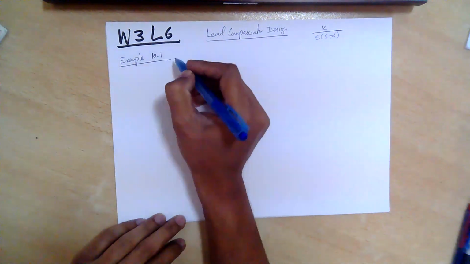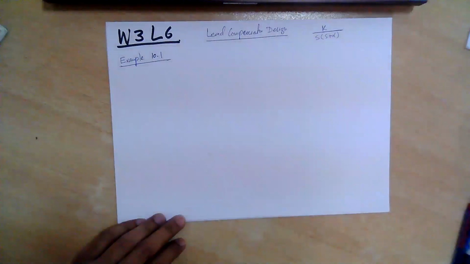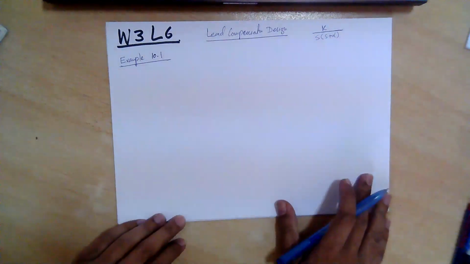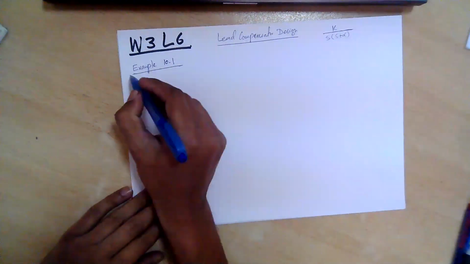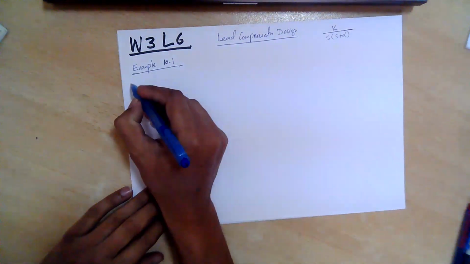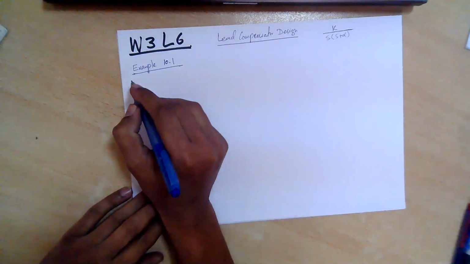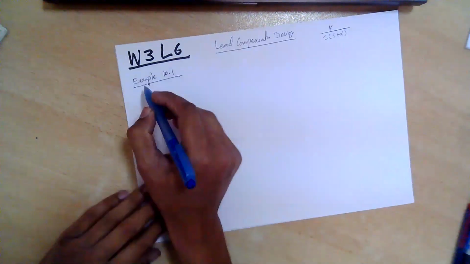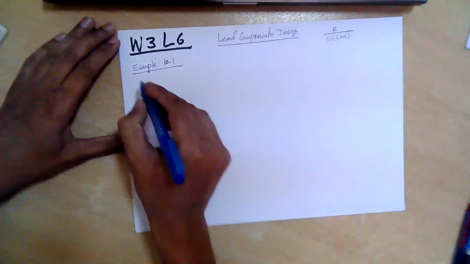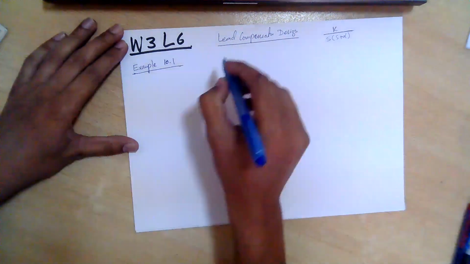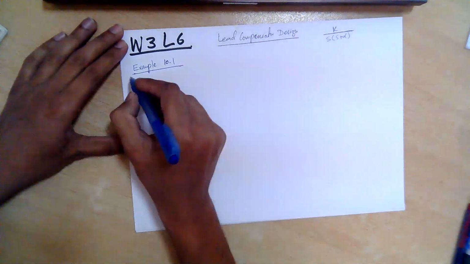that requirement. Now, before going over the example, I'm just going to revise the steps in a minute. The steps of the compensator design will stay the same. And what are the steps?